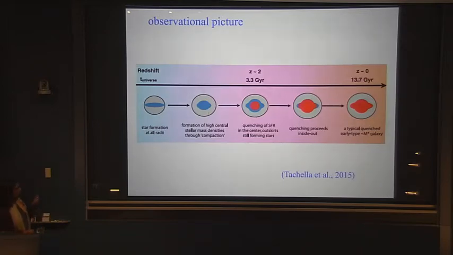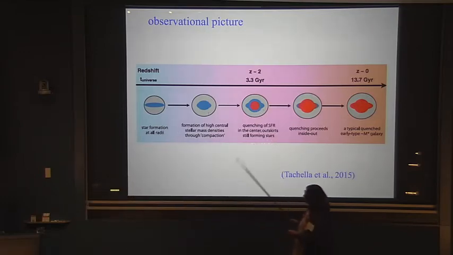Observationally, we know that this is the sequence that we have. You initially have star formation, in terms of how to link up to the star formation history of the assembling stellar mass. So we're trying to match up the assembling black hole mass to that of the assembling stellar mass. You expect star formation at all radii, but then some kind of bulge formation, be it through mergers or whatever.